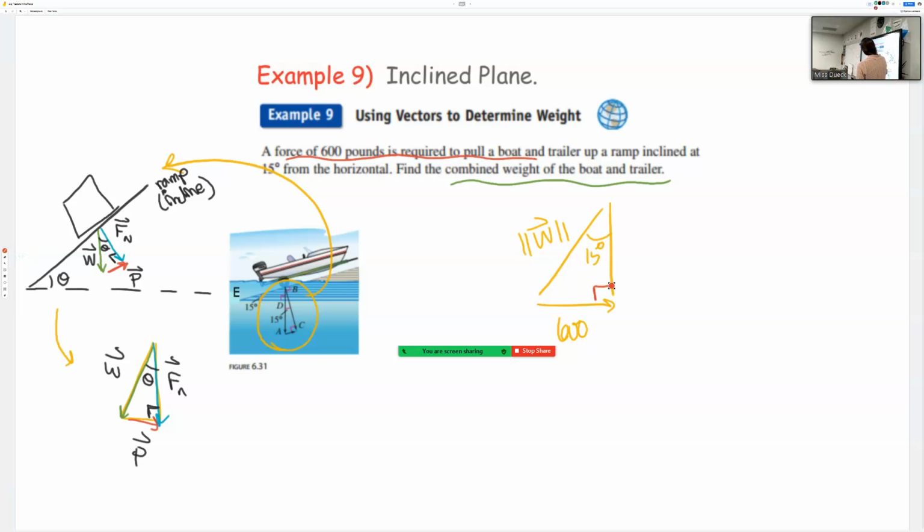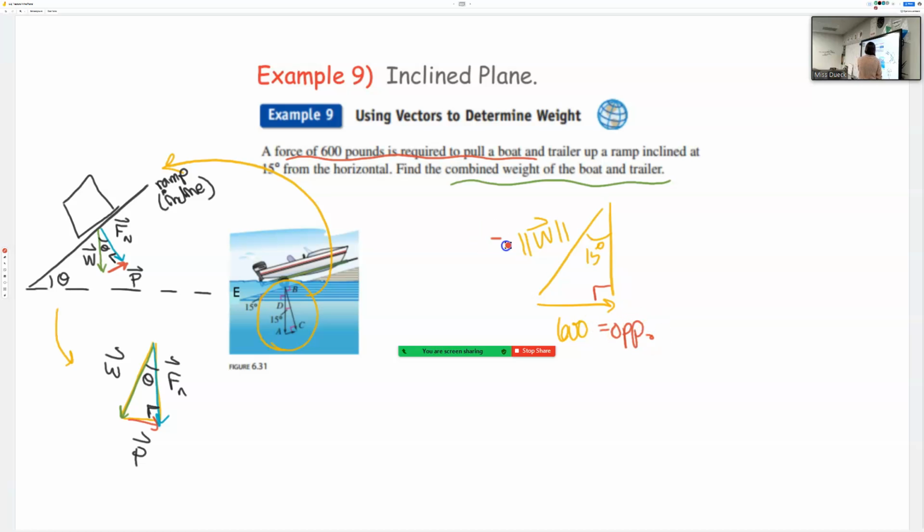Weight is that little guy, the hypotenuse. Weight is the force of gravity straight down, or is combined with the force of gravity. But guys, if I just look at the triangle, I have a theta. What side is 600 if it's over here from the theta? Opposite, adjacent, or hypotenuse? Opposite.